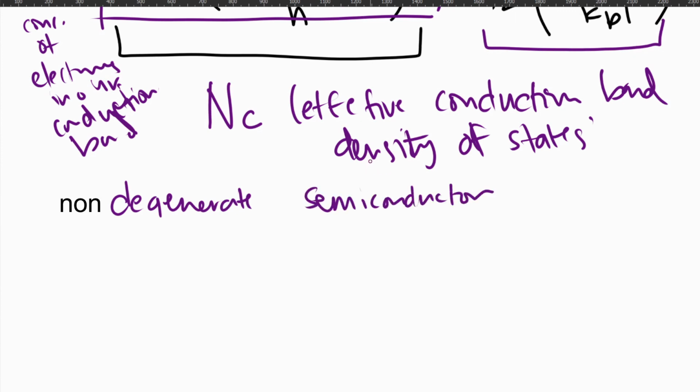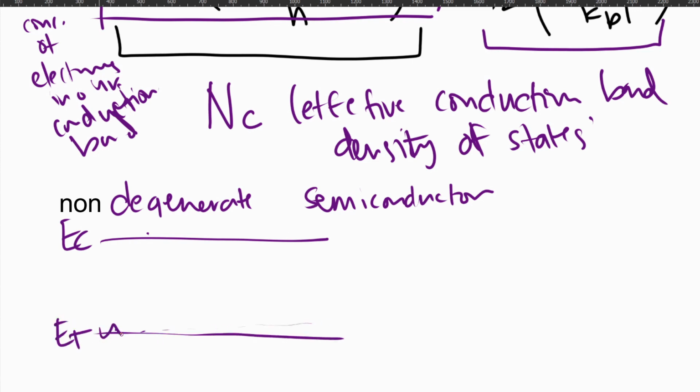Pag degenerating semiconductor natin, essentially, yung ating distance of the EF, so kunyari, ito yung conduction band, and ito yung Fermi energy, EF. So, yeah. The distance between the Fermi energy and your conduction band minimum, yung distance na yan, this should be greater than kBT, or the thermal ionization energy for that specific temperature.